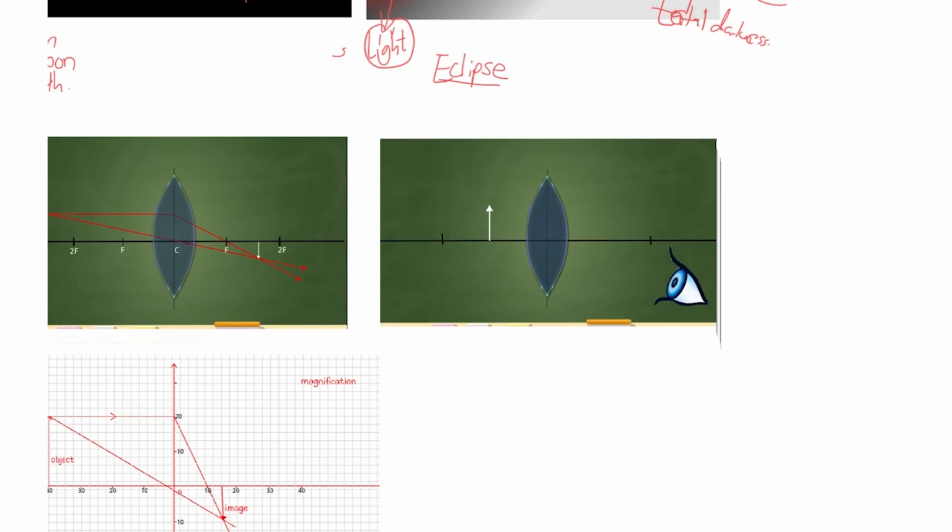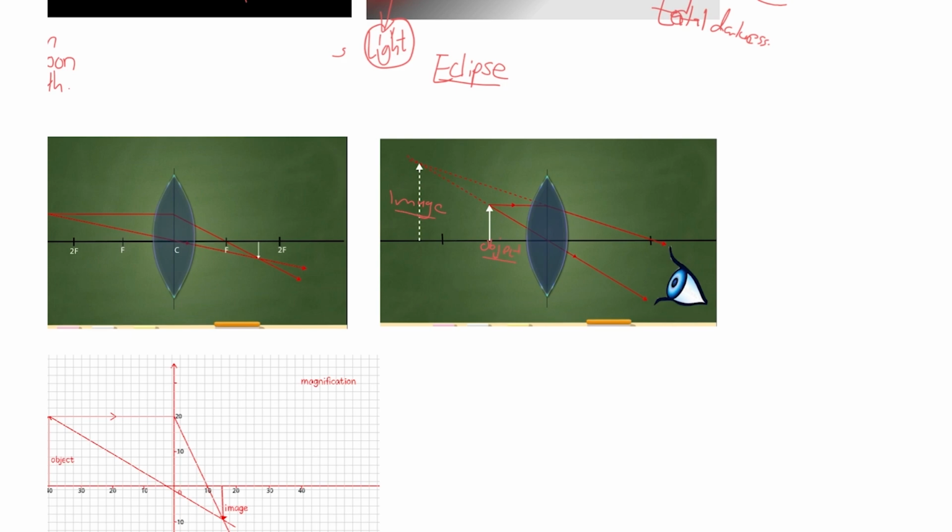Now when you form an image out of it, that's a ray diagram. This is the image and this is our object.